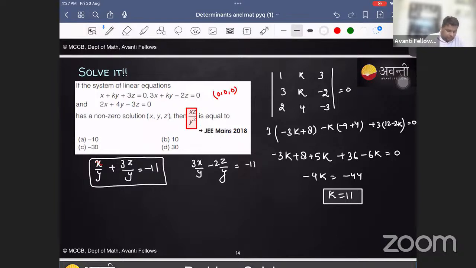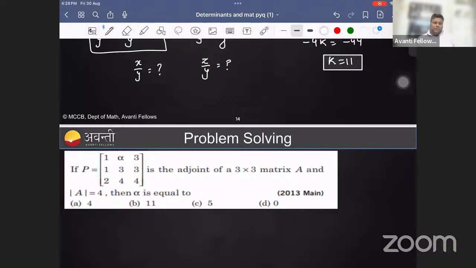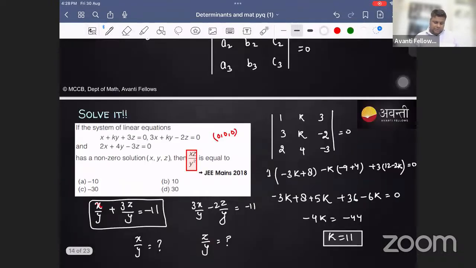Minus 11. Got it? Now from these two equations, find the value of x upon y, then find the value of z upon y, then multiply them, you will get your answer. Got it? So this is how we approach. Now, this much is enough. Now you practice more questions over this concept, D, D1, D2, D3.